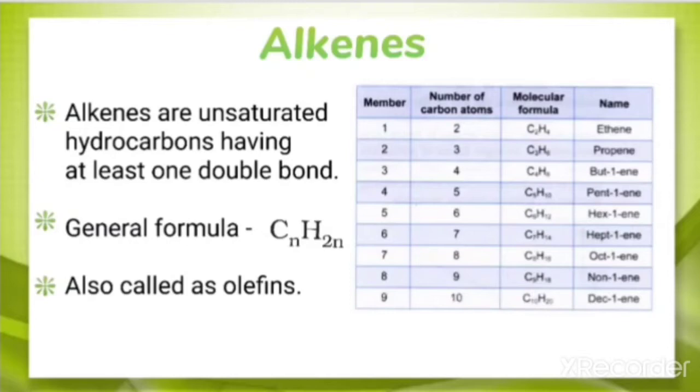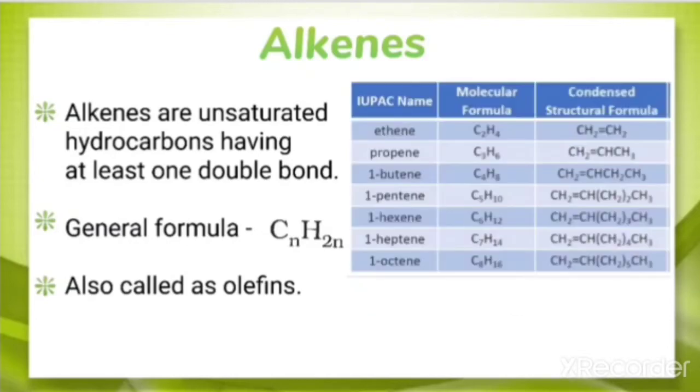Now when we look at the condensed form of these molecular formulas, it will be in this way. That is ethene, because there are only 2 carbon, therefore there is a double bond between the 2 carbon. But in propene, 3 carbon, you can see there is only a single double bond, between the first and second carbon, and between the second and third carbon there is a single bond.